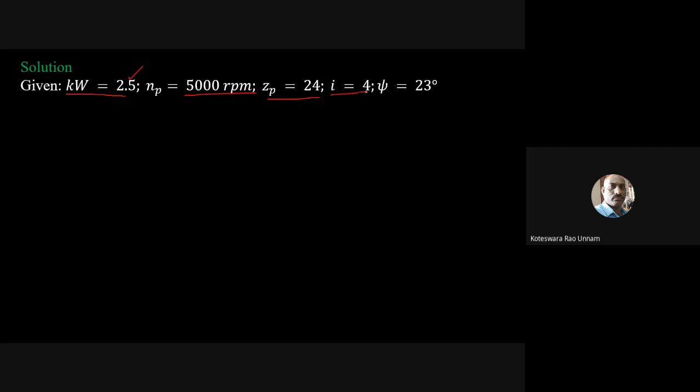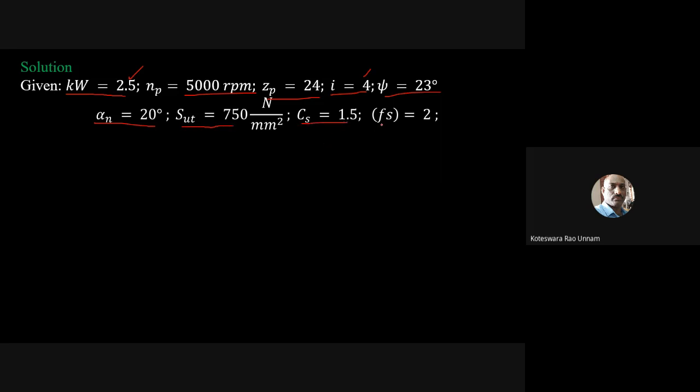Speed reduction or speed ratio is 4. Helix angle is 23 degrees. Normal pressure angle is 20 degrees. Sut is 750 Newton per mm square. Cs is 1.5. Factor of safety is 2. And grade of machining 4. We don't require this one also.